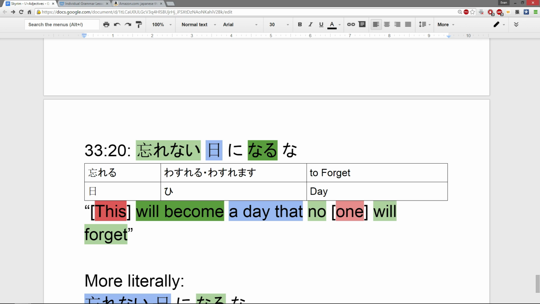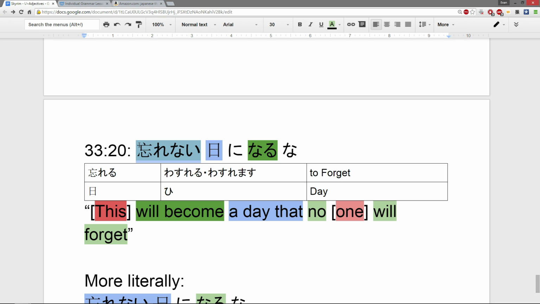We have a negative plain form verb that is being used to directly modify a noun. Once again, everybody, can you repeat after me? You know it's coming. Negative plain form verbs operate just like e-adjectives.